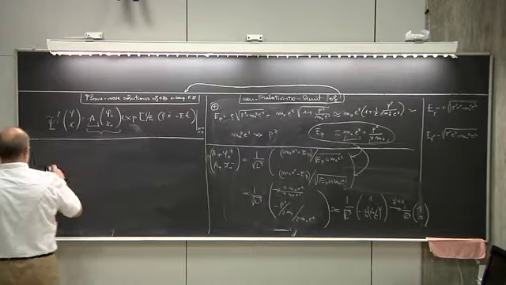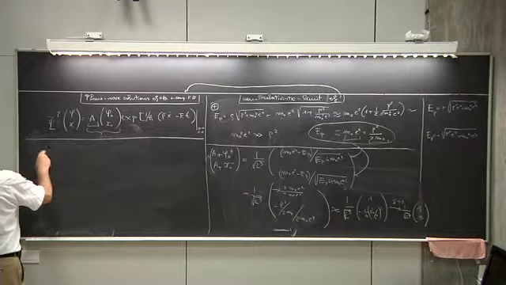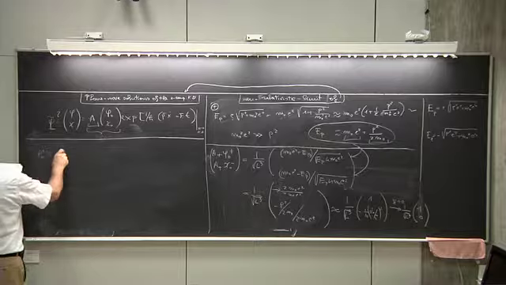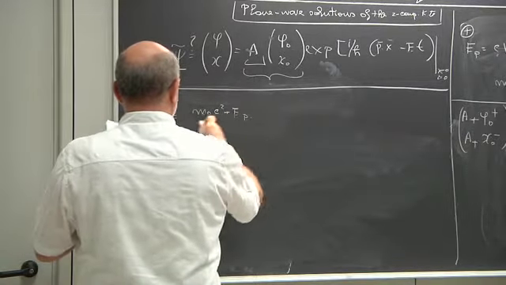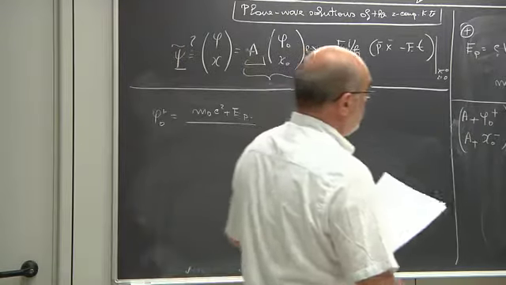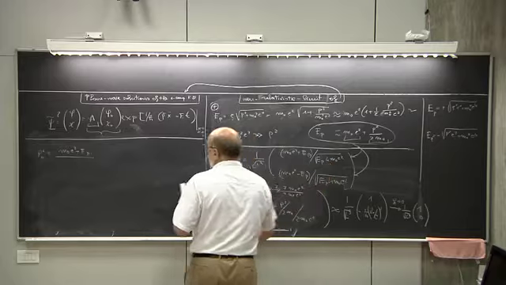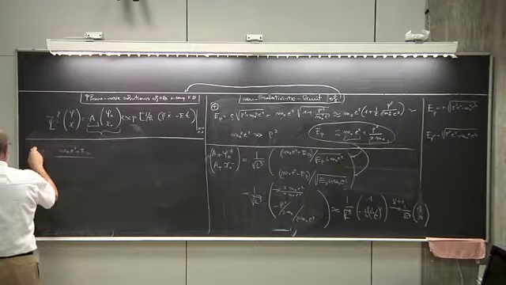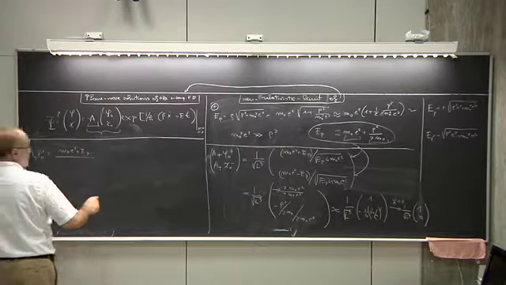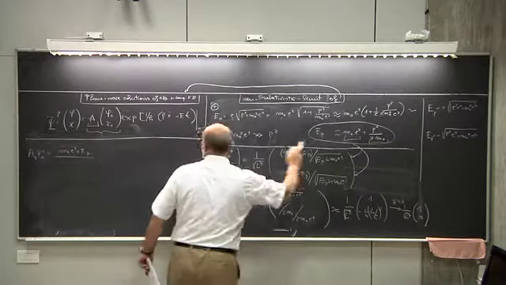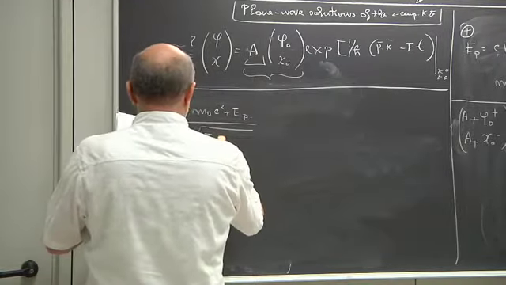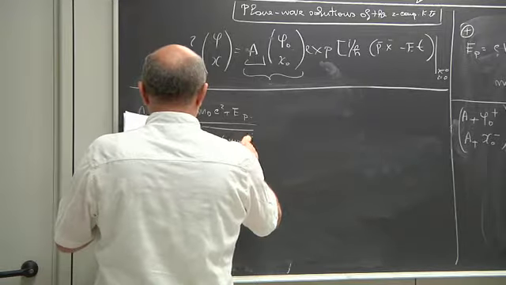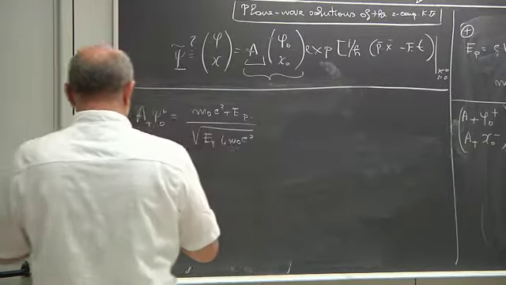Now, originally, the upper component, the phi 0 plus, was m0 c square plus EP over this quantity. Sorry, this is A plus phi plus. This component was originally that over EP for m0 c square.